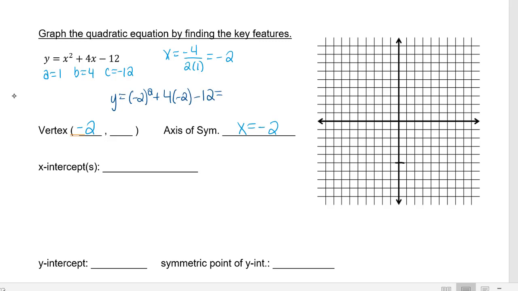Oh boy, and we get that y value to be -16, which means I have to do some scaling on my graph. So I'll head over to the graph, and I think the x value should be fine.